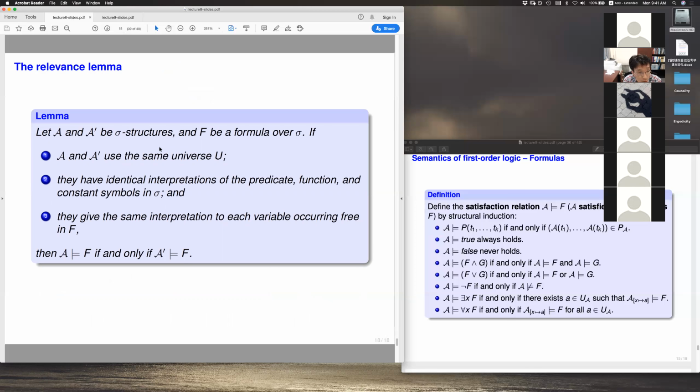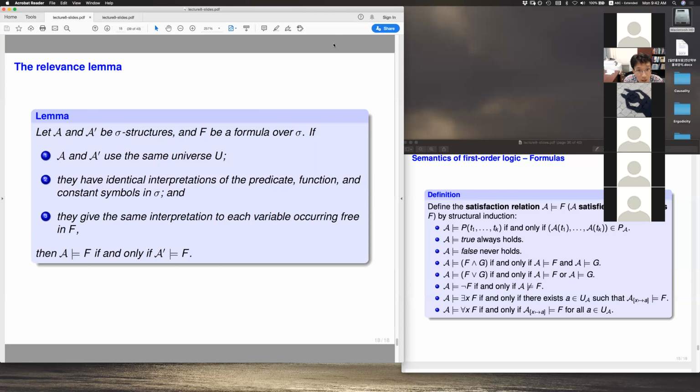What both of them allow us to do is to avoid case analysis or the structural inductions that we typically have to do when we reason about formulas in first-order logic. If we use this relevance lemma, we can often avoid the induction and still prove some interesting properties about the formula.